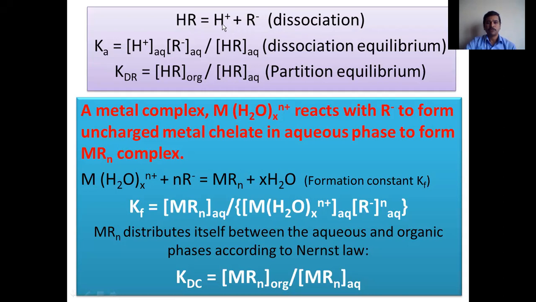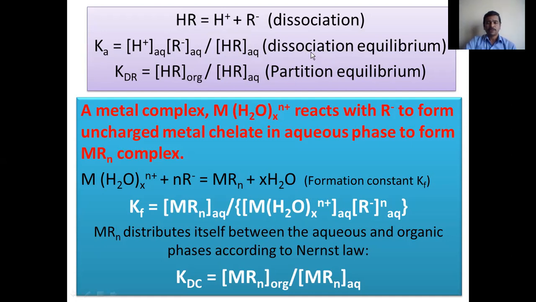Using the equilibrium principle, the dissociation constant will be the concentration of H+ ion times the concentration of R- ion divided by the concentration of the reagent HR in the aqueous phase, because dissociation takes place only in the aqueous phase, not in the organic phase.